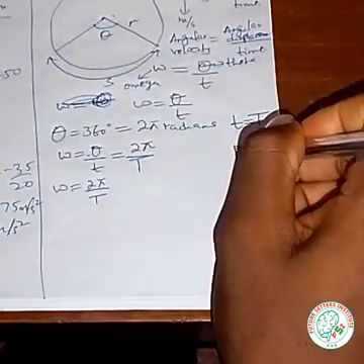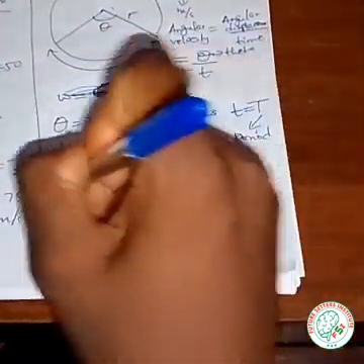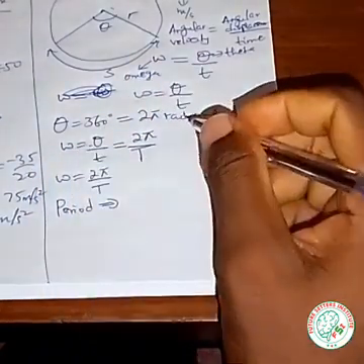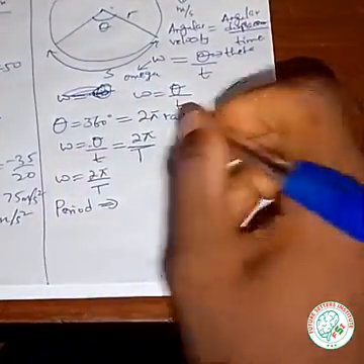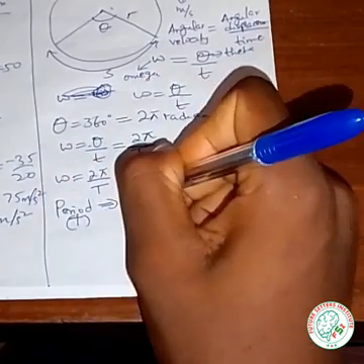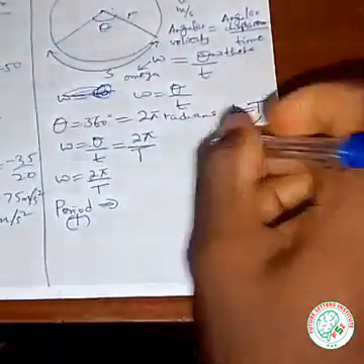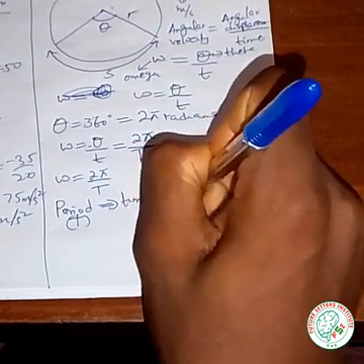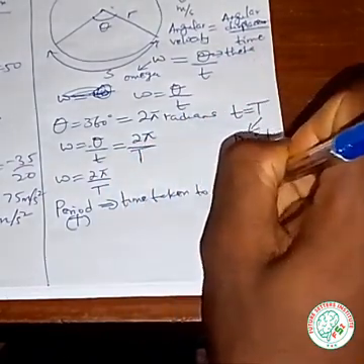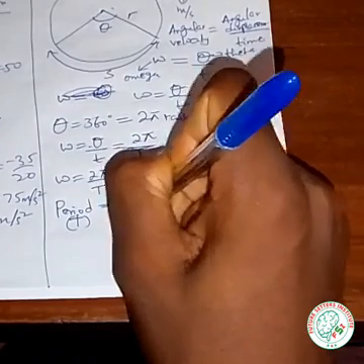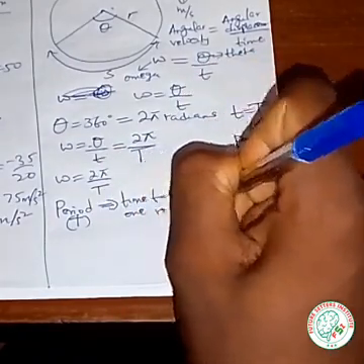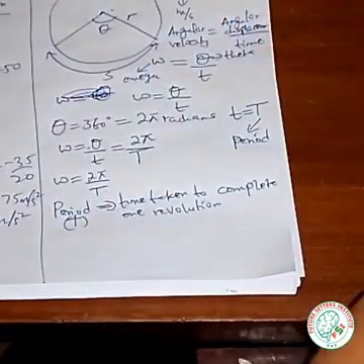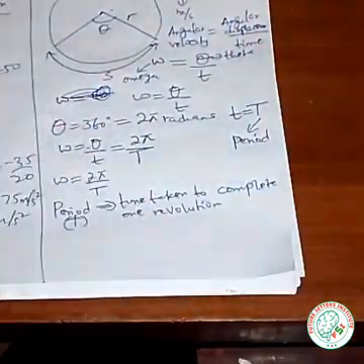Now, I want to tell you what period is all about. Period is defined as the time taken to complete one revolution, because we're talking about circular motion, talking about revolution, moving around an orbit.